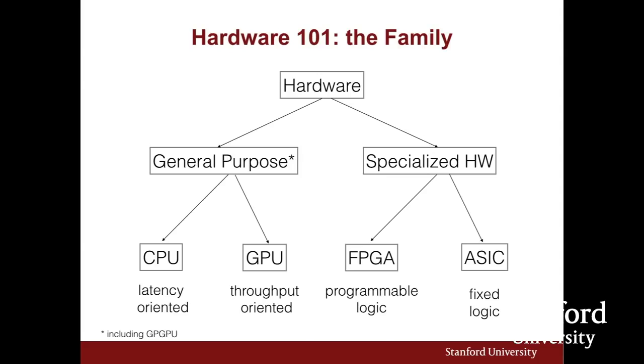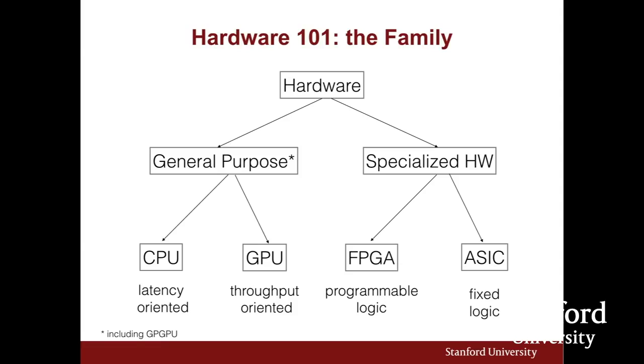The general purpose hardware includes the CPU and the GPU. Their difference is that the CPU is latency oriented and single threaded, like a big elephant, while the GPU is throughput oriented. It has many small weak threads, thousands of such small weak cores, like a group of small ants, but there are so many ants.